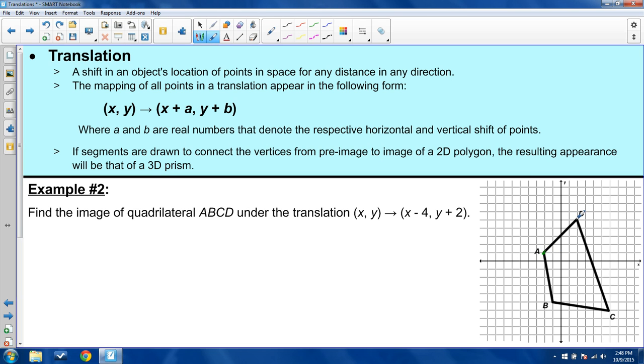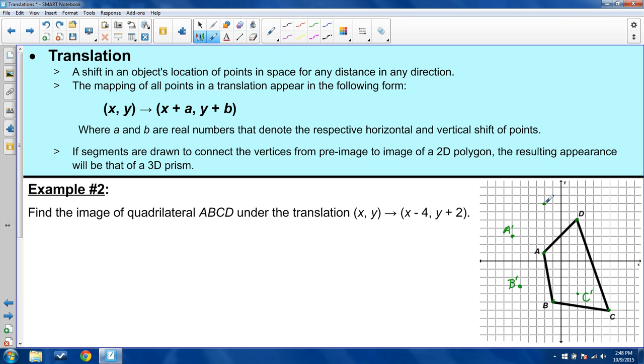You take A, B, C, and D, and you shift each set of points 4 to the left and 2 up. This will give me the point A prime. B prime is 4 to the left and 2 up, would be right here. C prime 4 to the left and 2 up, and D prime 4 to the left and 2 up.